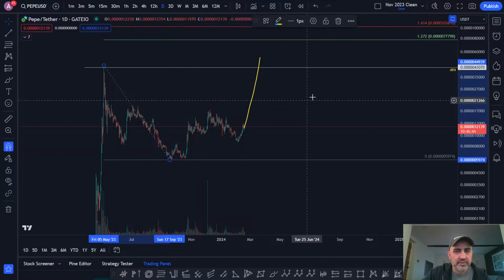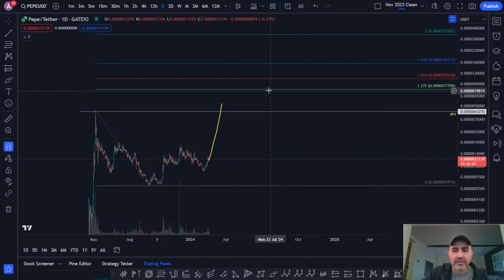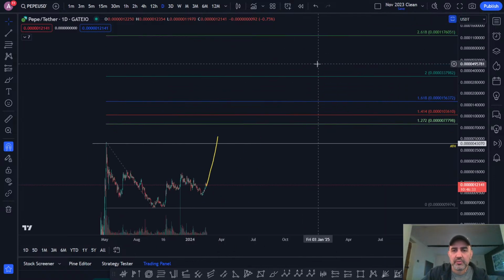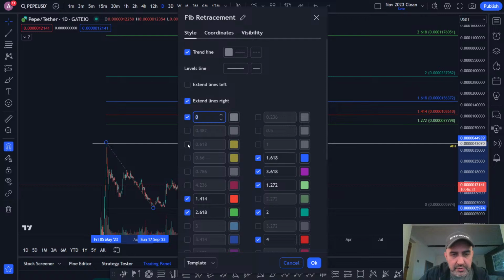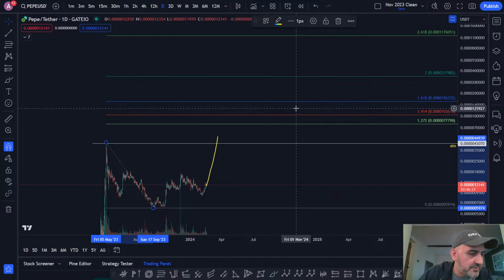The low is here, then do it to there, and then you've got your key take profits, your 1.272, your 1.414, your 1.618, your 2. You could just have a look through these fibs and mark them off and put levels.